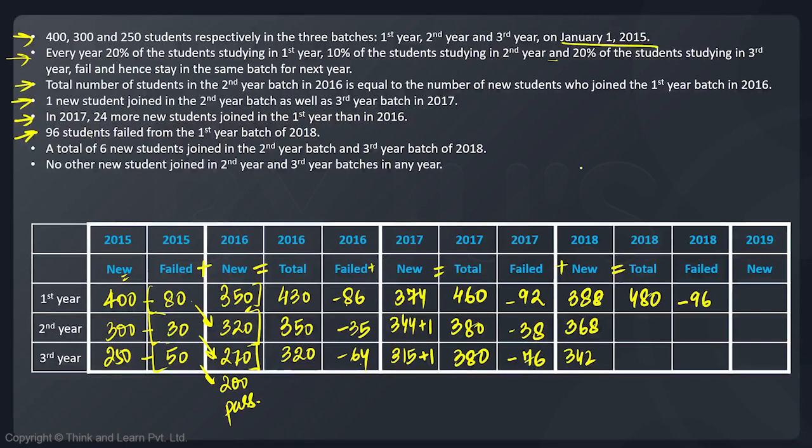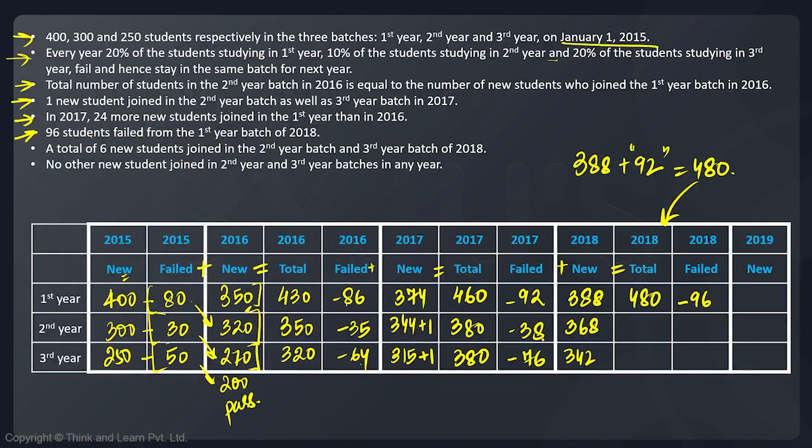So that if we have 388 kids and when we add 92 to that, the number of students who had failed previously, we will have a total of 480 kids. And once we have 480 kids, then in the year 2018, 20% of 480, 96 kids are going to fail.